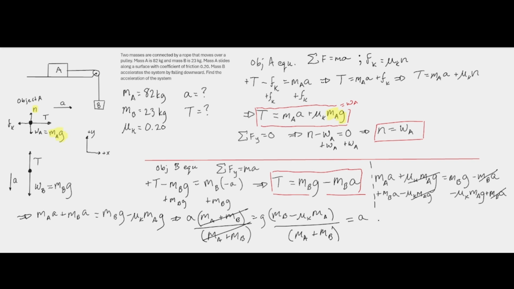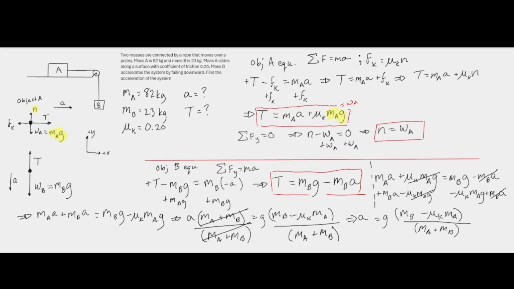So we have A equal to little g times the mass of object B minus the coefficient of kinetic friction times the mass of object A, over the mass of object A plus the mass of object B.